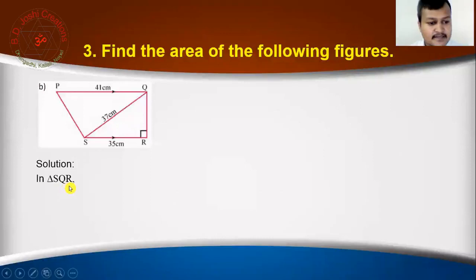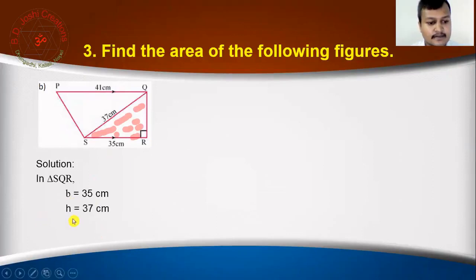In triangle SQR, look at this triangle, the lower one, a right angled triangle. In right angled triangle SQR, there is the perpendicular QR, base SR, and hypotenuse SQ, which is 37.